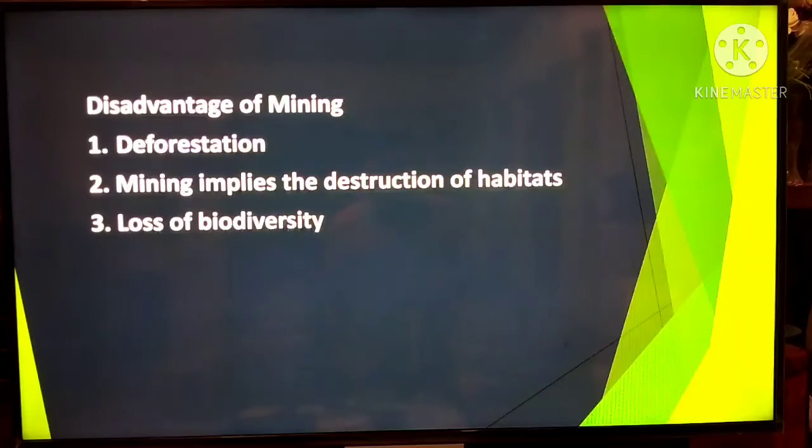The third one is loss of biodiversity, which is also connected to the first two points. If too many animals and plants drop in population due to the destruction of habitats related to mining, chances are that this will also contribute to a significant loss in biodiversity sooner or later.